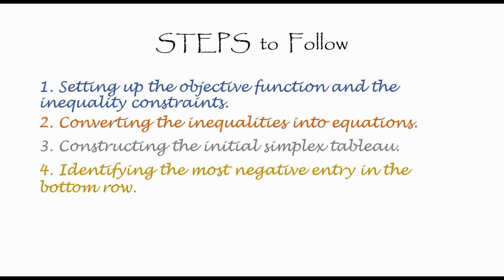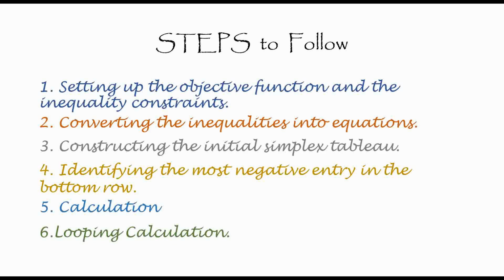After that, we need to identify the most negative entry. Then we need to calculate and calculate again, and this is how we get the final solution. So there are 7 steps. We will solve a problem by dividing it into these 7 steps, and this will help you to understand and absorb the method easily.